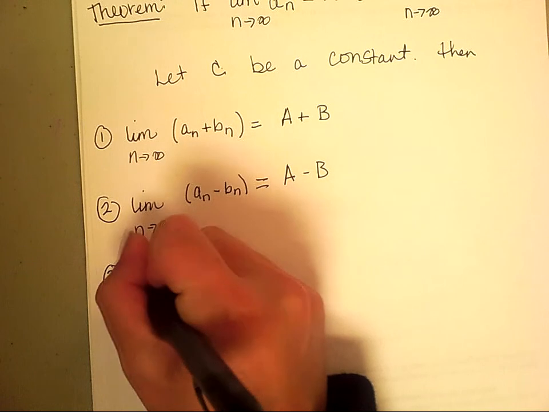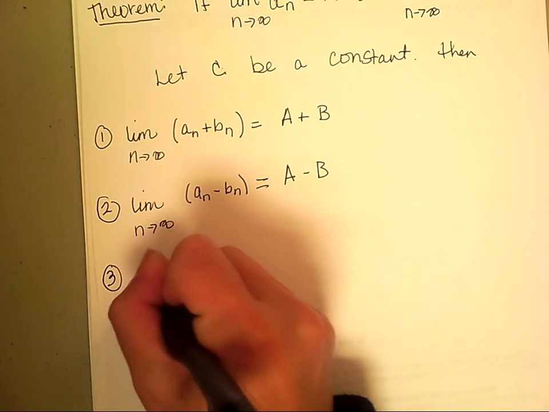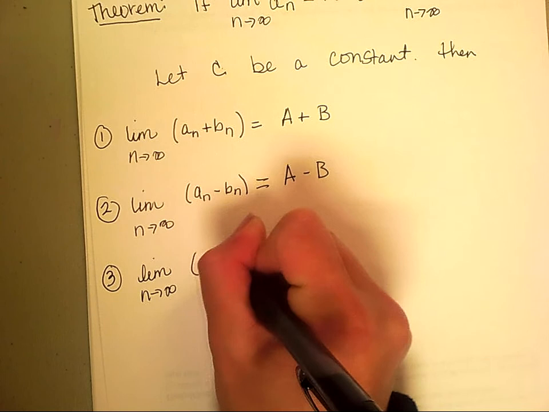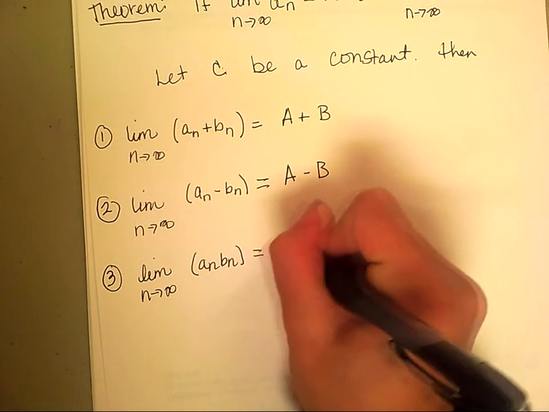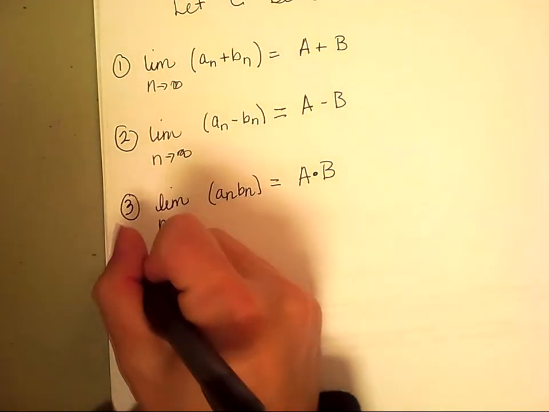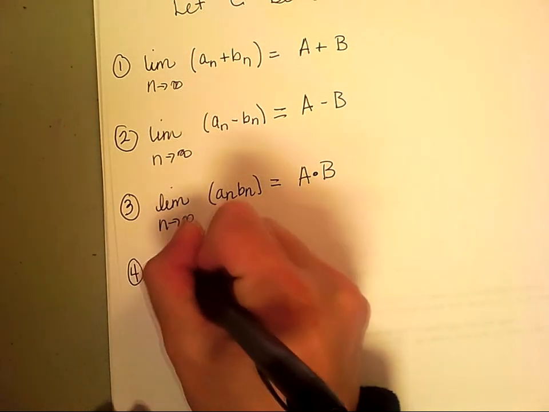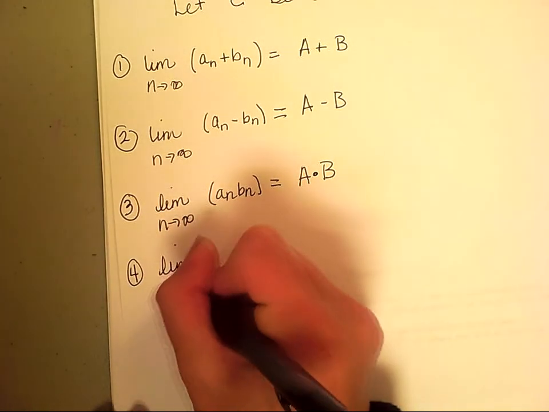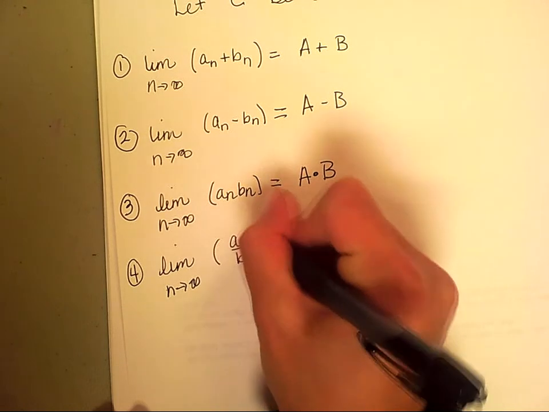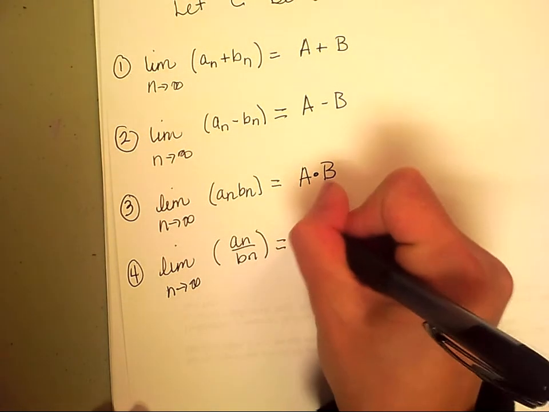And it holds true for multiplication as well. The limit as n goes to infinity of the product, all I have to do is multiply the limits. For division, it will also hold, provided the division can be done.